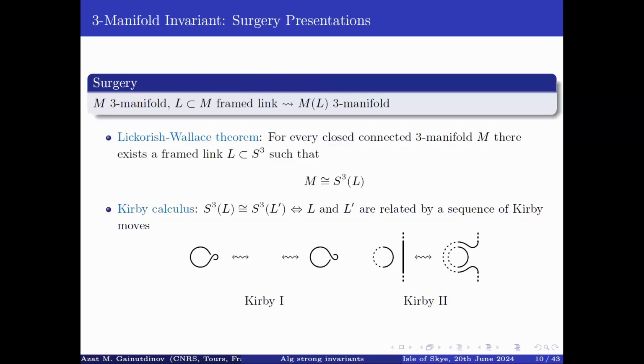And what about 3-manifold invariants? The idea is that you construct invariants of 3-manifolds by surgery. We know that every closed oriented 3-manifold can be written as surgery along a framed link in S3. So if you provide an invariant of such a framed link that respects Kirby moves, Kirby 1 move and Kirby 2 move, then this invariant of a link is an invariant of the manifold. That's the idea.